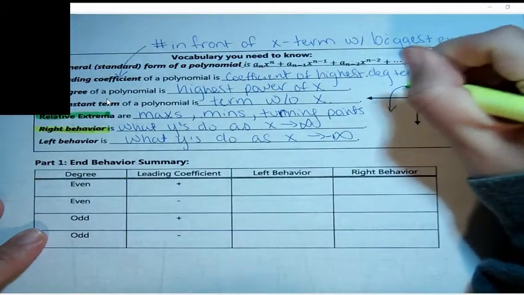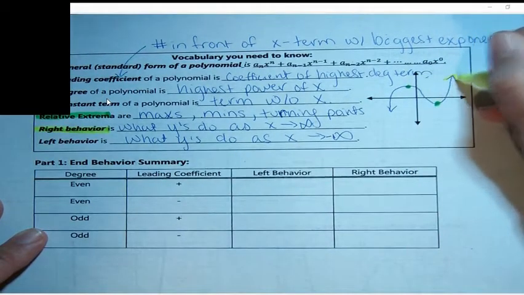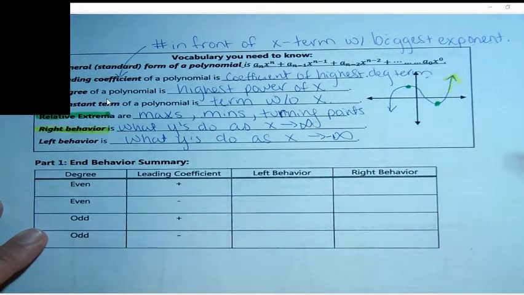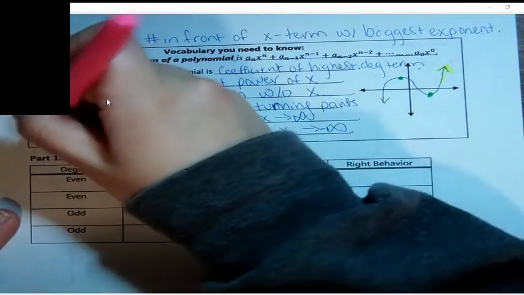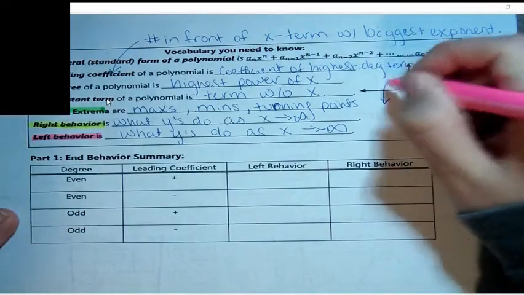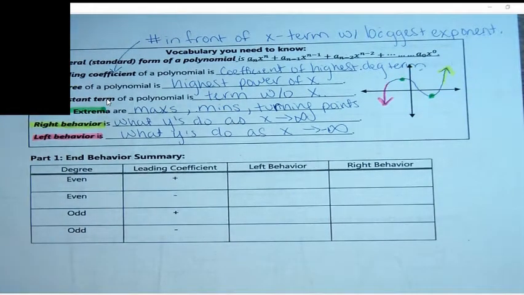So as I move right along my function, as x is moving in the positive direction, my right behavior is going up towards positive infinity here. And then my left behavior is what my little left arrow is doing. And it's going down in this particular case, it's negative infinity.